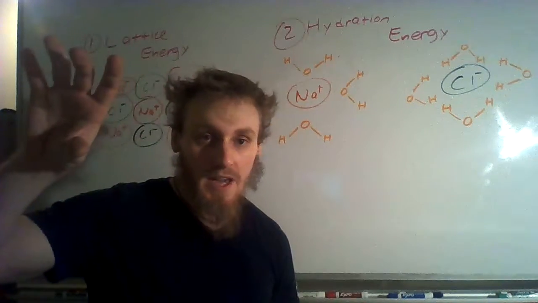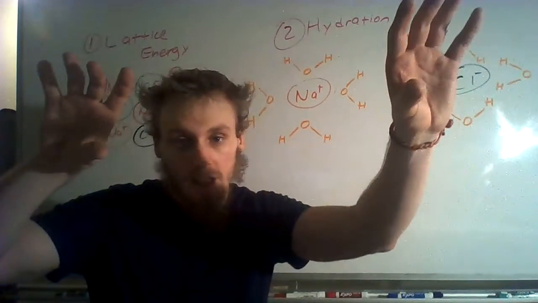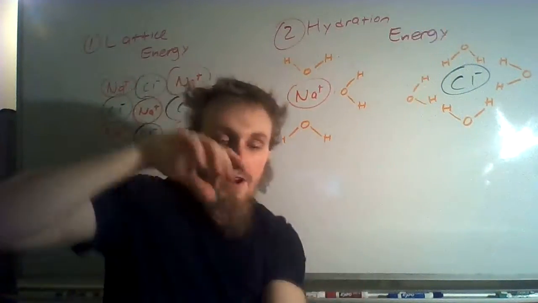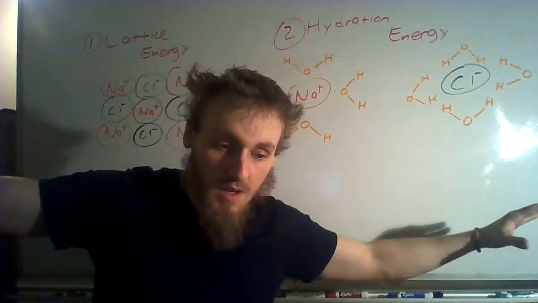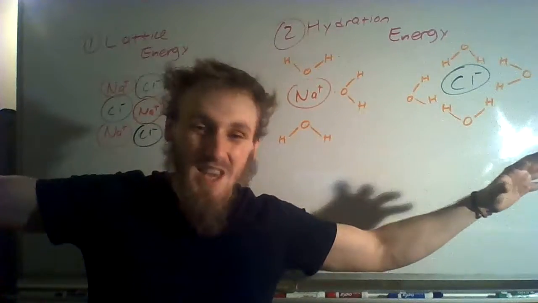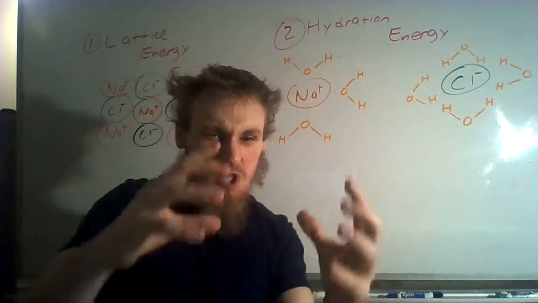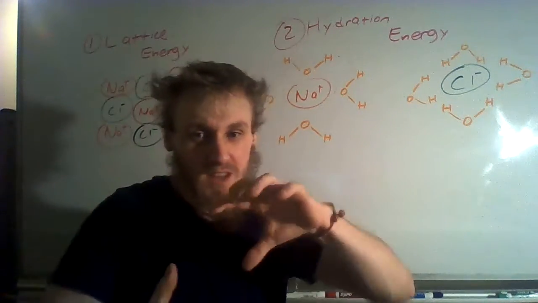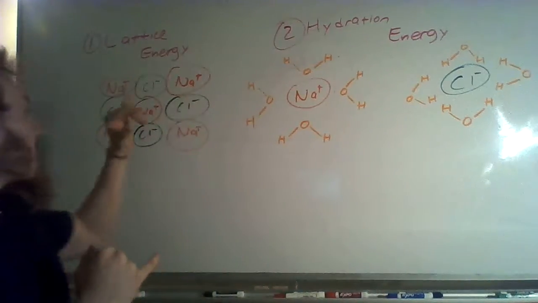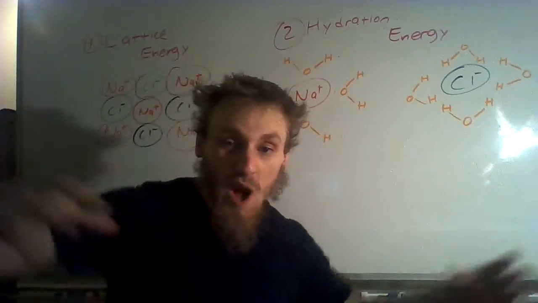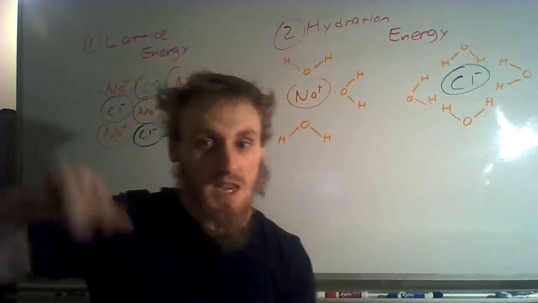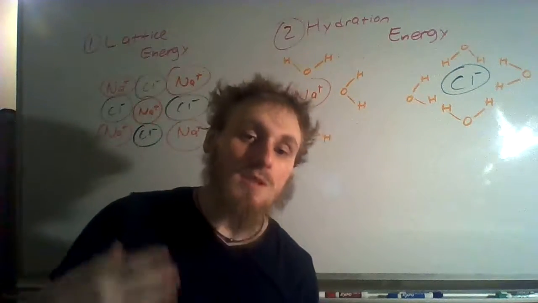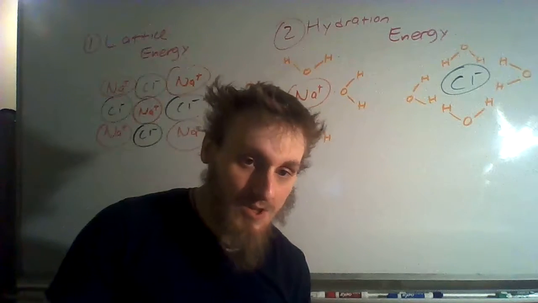Say you had a sodium ion over here, a chloride ion over here, a sodium ion over here, a chloride ion over here. You have all these ions, and they're all separated from one another. Now, let's say you were going to take all of these ions and push them together, forcing them together so that they form a lattice. The energy required to bring all of those ions together and force them to make a lattice is going to be your lattice energy.